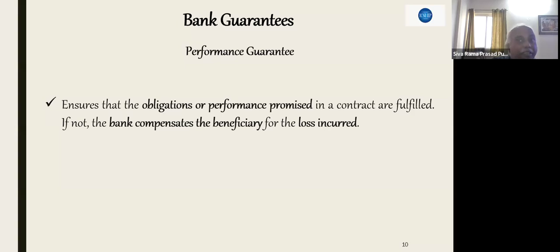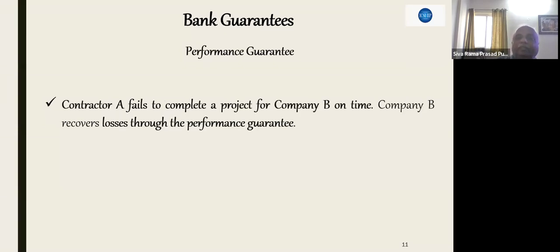You have to either deposit the amount with the government treasury or bring that particular bank guarantee from the scheduled commercial banks. If not, bank compensate the beneficiary for the loss incurred. If it is not completed within 2 years, the loss will be compensated.